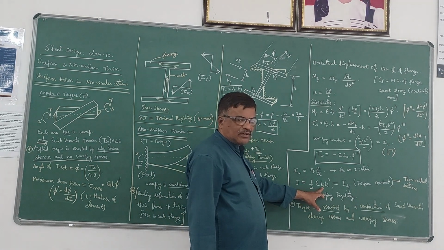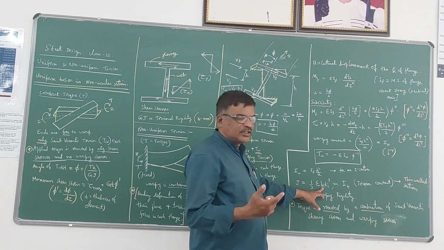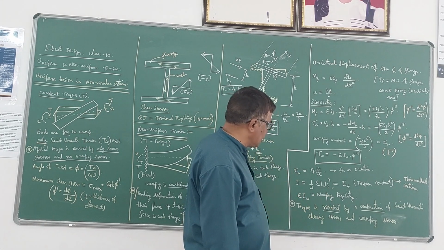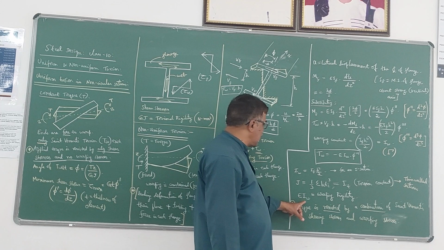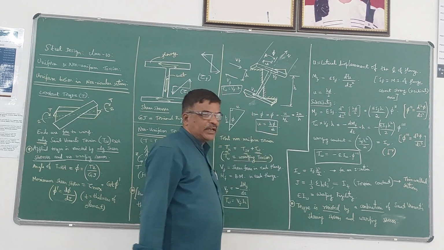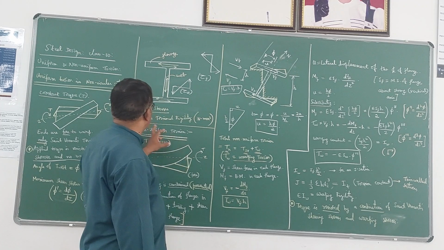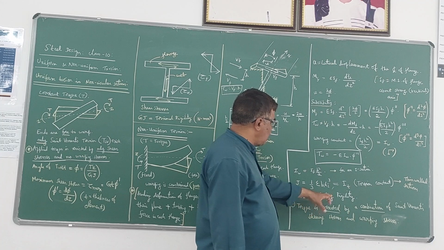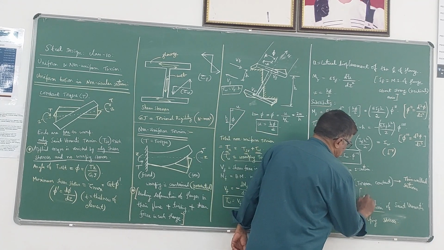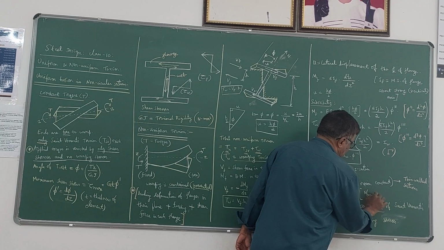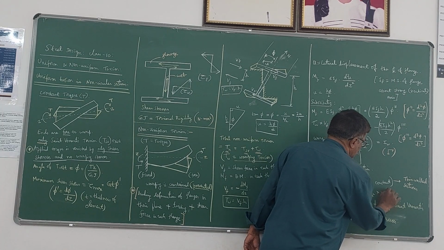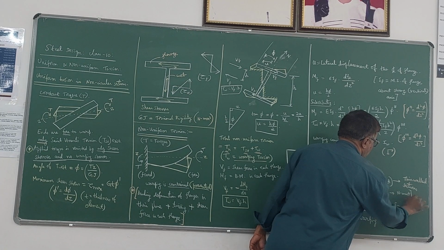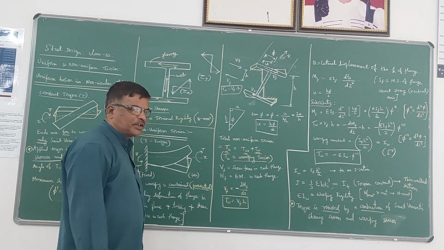Here b is the width of that particular rectangular portion, whether it may be flange or web, and ti is the thickness of that same rectangular portion. Now this product of E and IW is called the warping rigidity. G into J is called the torsional rigidity, whereas E into IW is called warping rigidity. Please note that E is expressed in Newton per mm square and IW is expressed in millimeter power 6, so the unit of E into IW will be Newton millimeter power 4.